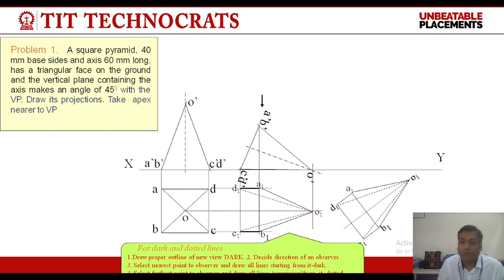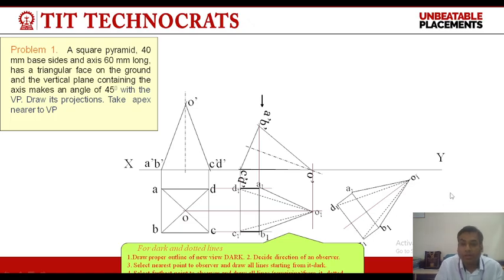So, step 5 is always a copy of step 4 at the given condition, which says that point O should be near to the XY and the axis should incline at 45 degrees.